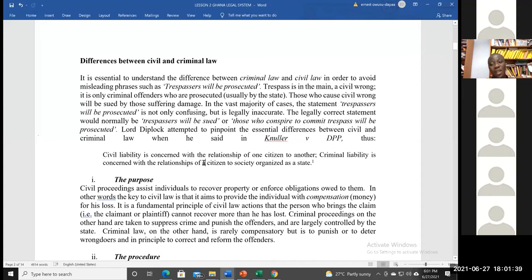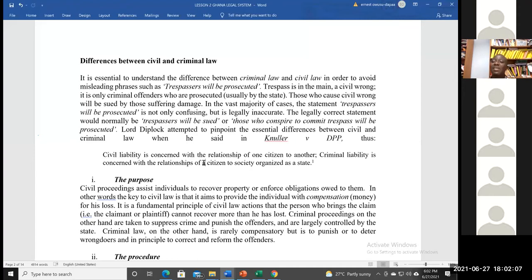So yes, we are not saying that there cannot be compensation in criminal cases, but that is not the main objective. If you look at the Courts Act, for example, it encourages reconciliation, and that may also require some payment of money for certain lesser offenses.